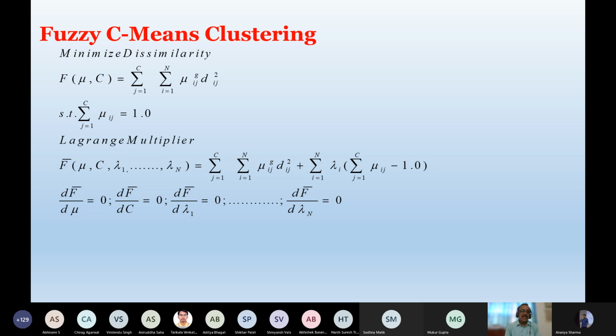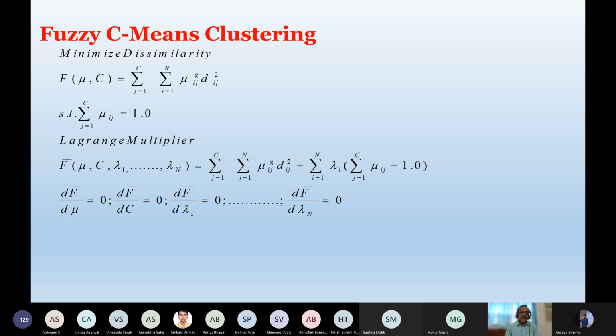Okay, so this is nothing but a constrained optimization problem. And all of us know how to handle the constrained optimization problem if you want to use a genetic algorithm. Now if you do not want to use a genetic algorithm, there is another way.